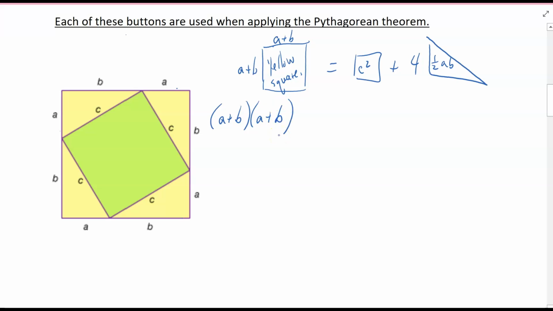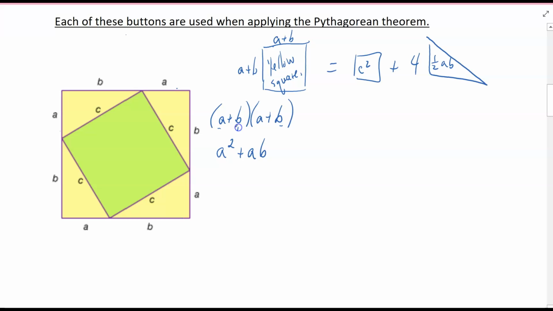And in algebra, what we have to do is this a must be multiplied by each value in the other bracket, and then this b must be multiplied by each value in the other bracket. All right, so that's going to give us 4 new terms. a times a is a squared, and a times this b is ab.